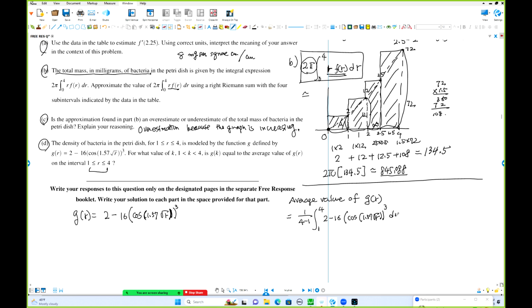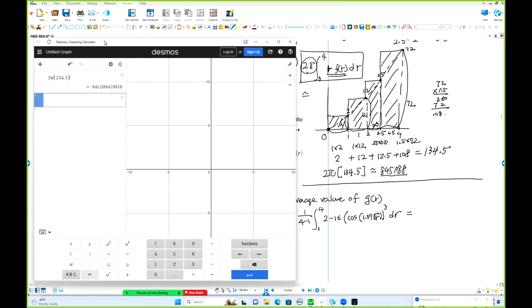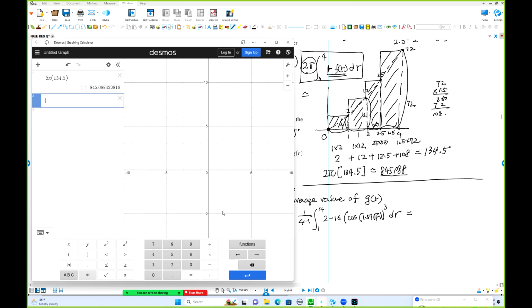And dr, isn't it? Okay? Right. Wow, this one, we need a lot of work. Okay, now let's find this one first, okay? So we have to use our calculator. We divide by the base, okay? The length of base is 4 minus 1, which is 3, okay?